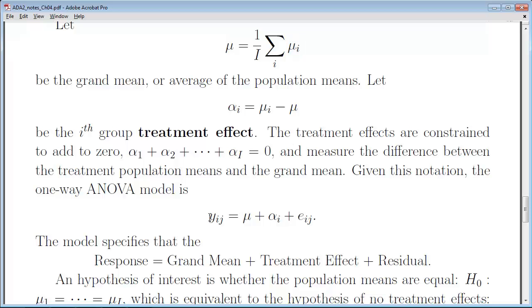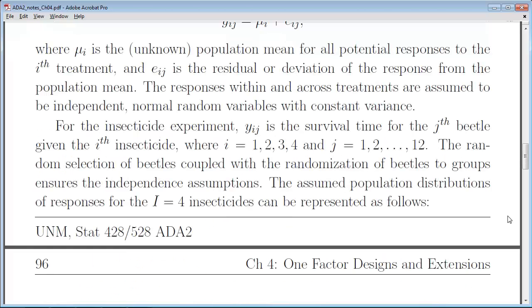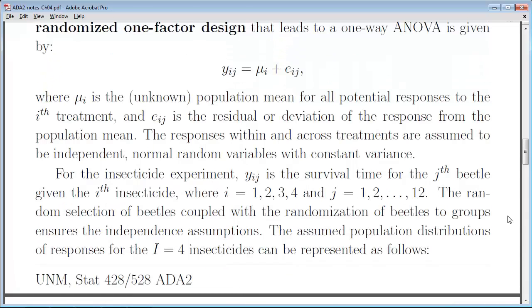So here's an alternate way of writing the model that I had before. Let me page up for a moment and bring up this model. Here's mu i, and I'm going to replace mu i by what mu i is in terms of the grand mean mu and the treatment effect alpha. So I'll page down.